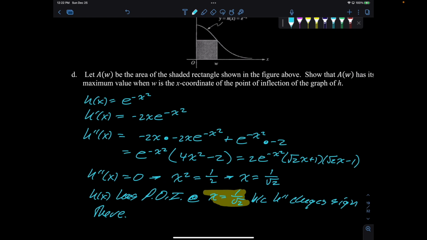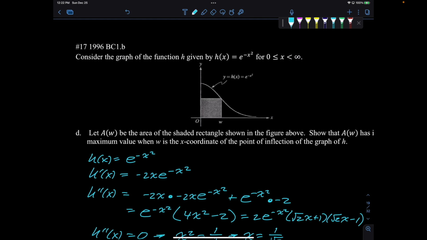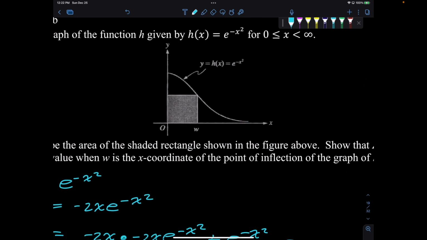Now I've got to find the maximum area of this and show that it occurs at w equals 1 over root 2, I guess. So what's the area of this? A of w is going to be w times e to the negative w squared.